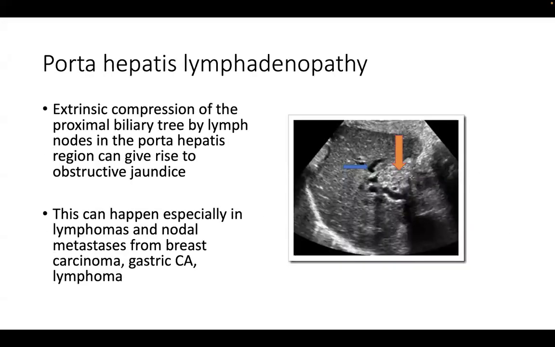Then the other one: remember I said you can have lymph nodes at the porta hepatis. Porta hepatis adenopathy is an extrinsic compression of the proximal biliary tree by lymph nodes in the porta hepatis region that can cause obstructive jaundice. This can happen easily in lymphomas and nodal metastasis from breast CA and gastric carcinoma.